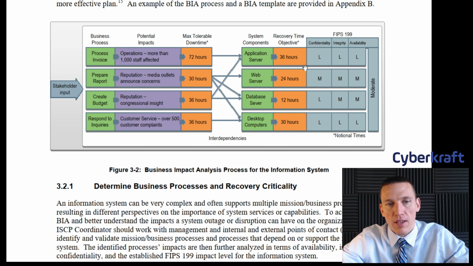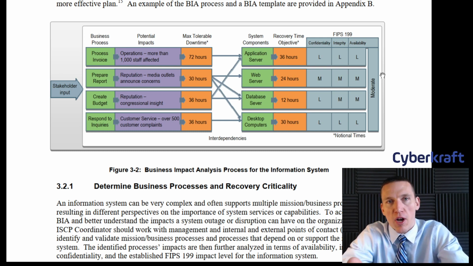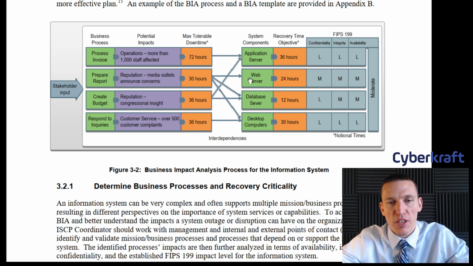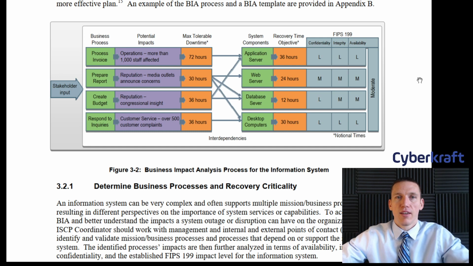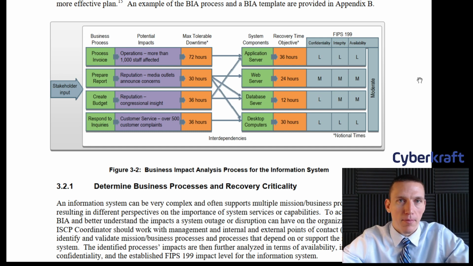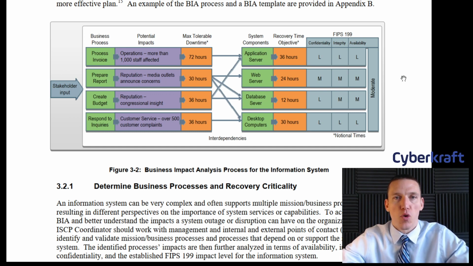And the component has a risk category of moderate, moderate, moderate. So clearly the web server is required for this critical business function. The web server is a key piece that needs to have a higher level of criticality. This process, prepare reports, has to have a higher level of criticality because of the potential impacts.